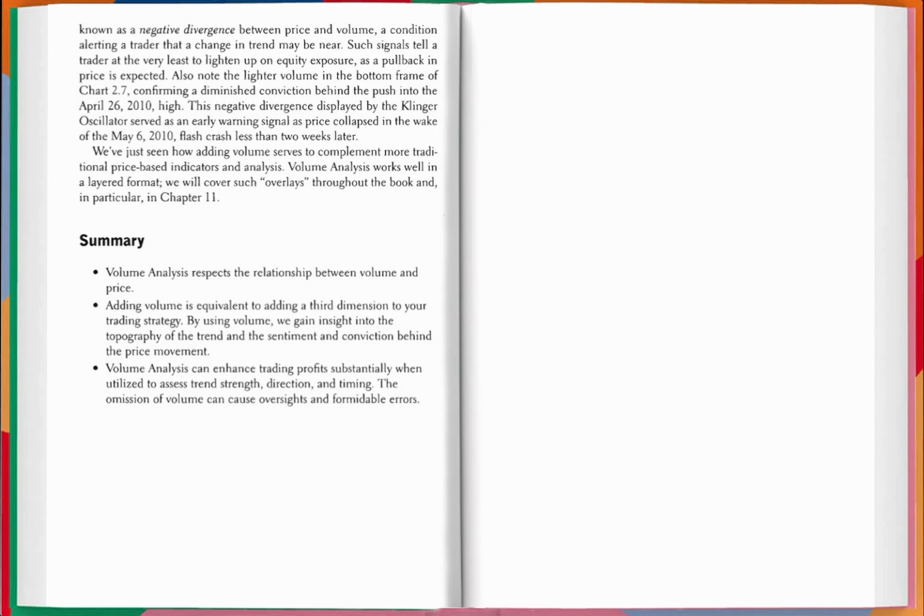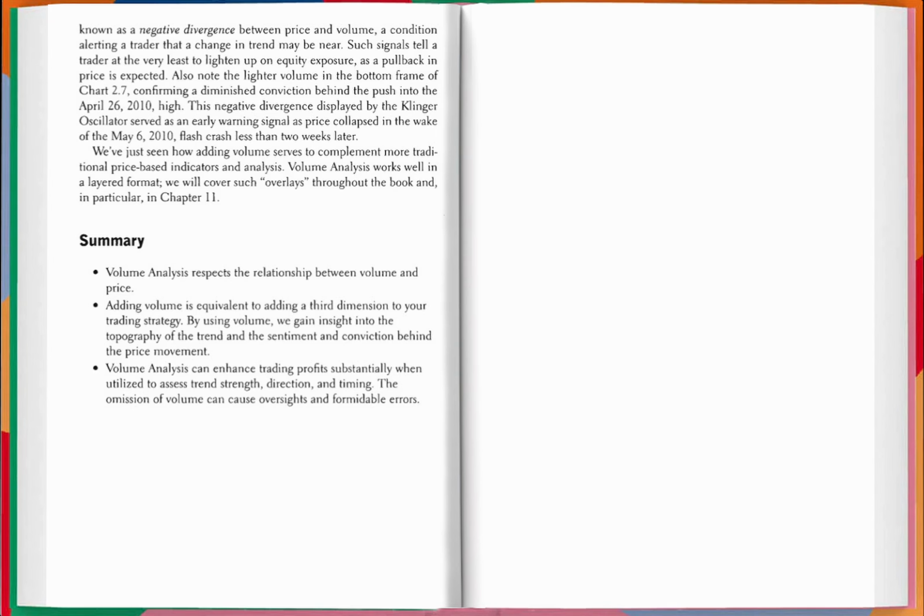We've just seen how adding volume serves to complement more traditional price-based indicators and analysis. Volume analysis works well in a layered format. We will cover such overlays throughout the book and in particular in Chapter 11. Summary: volume analysis respects the relationship between volume and price.